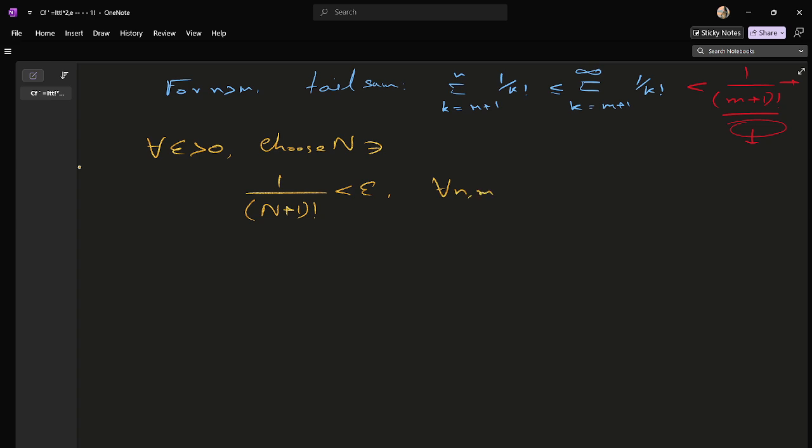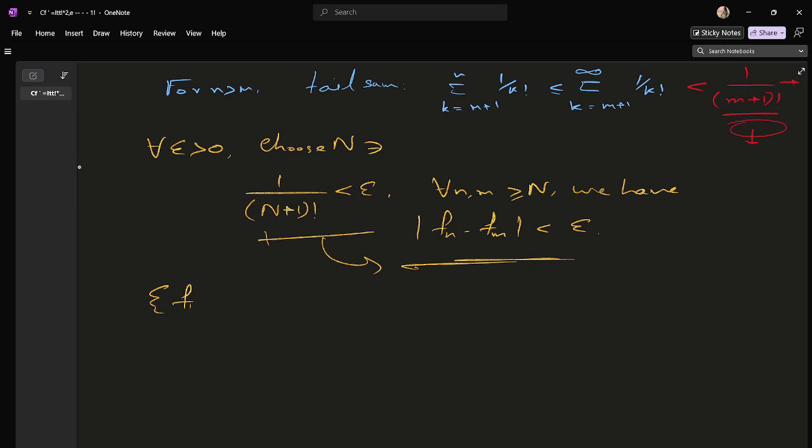Then for all n and m greater than or equal to N, we have the modulus of fn minus fm less than epsilon, because this thing happens. Thus fn satisfies this, and by Cauchy's general principle of convergence, the sequence converges.